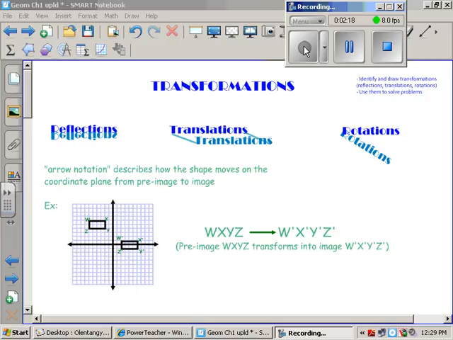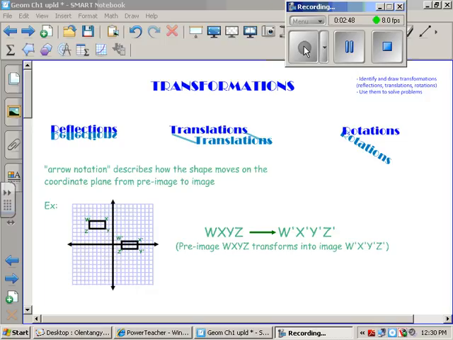And the original image, the pre-image we start with, is just labeled by its vertices with regular letters like W, X, Y, Z. Okay? The result, this little arrow, this is arrow notation, and it stands for "is transformed into," because we're doing transformation. So this says WXYZ is transformed into, and these little tick marks here are called prime marks.